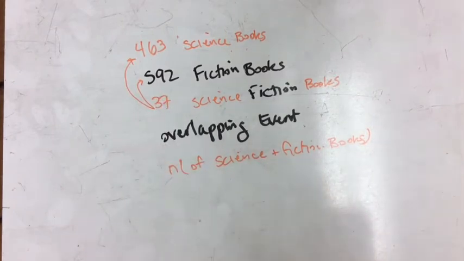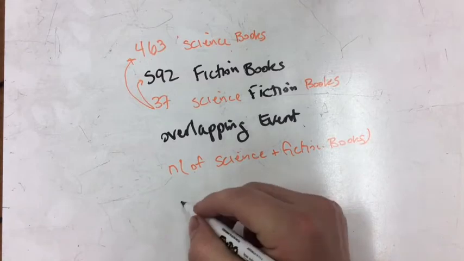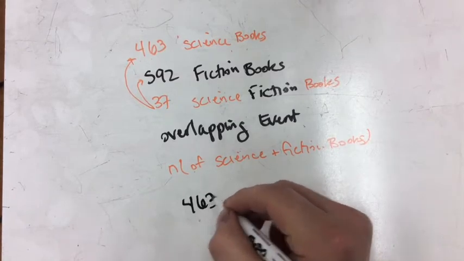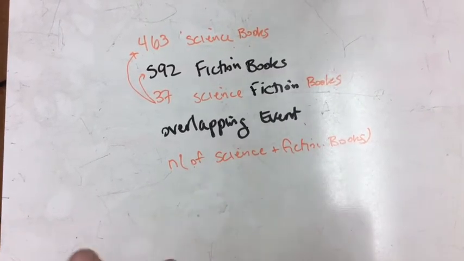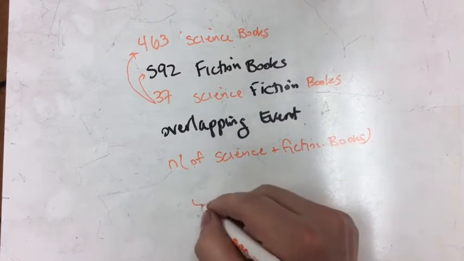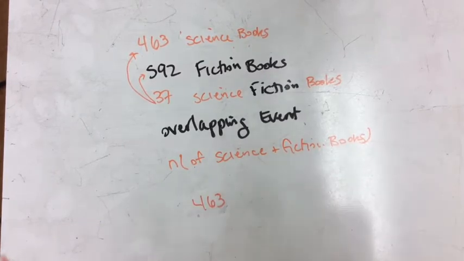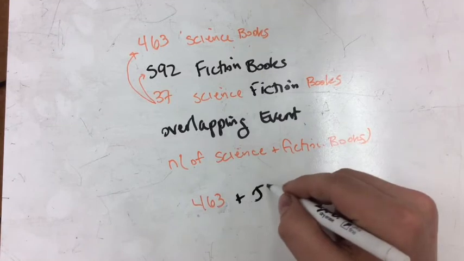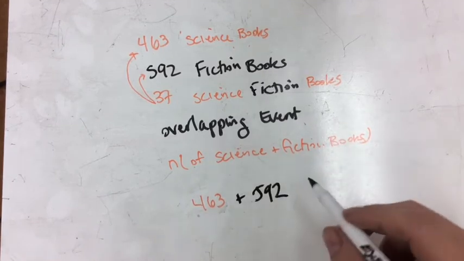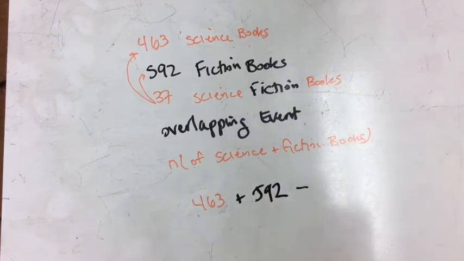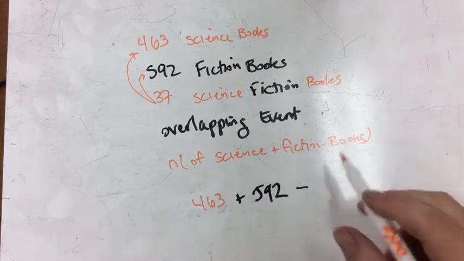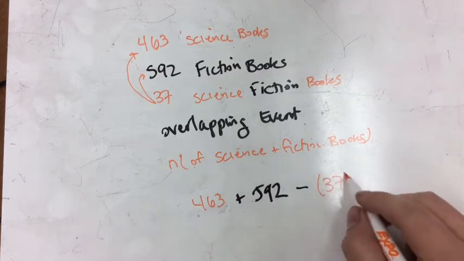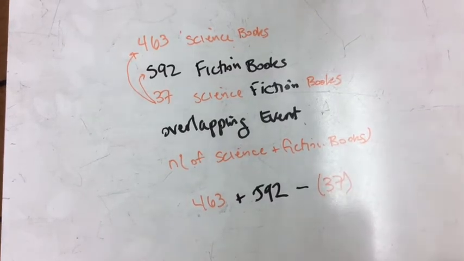So what we're going to do is say that there is 463 science books plus 592 fiction books, and then we're going to minus the overlapping event. So we're going to subtract out these 37 science fiction books.